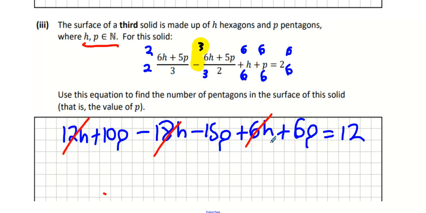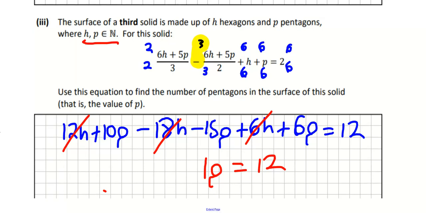The h's disappear. Because there's 18 take away 18, which is nothing. How many p's are there then? 1p equals 12. Okay? It is. 10 take away 15 plus 1. 16 take away 15. Don't know what to tell you. Anybody else get p equals 12?